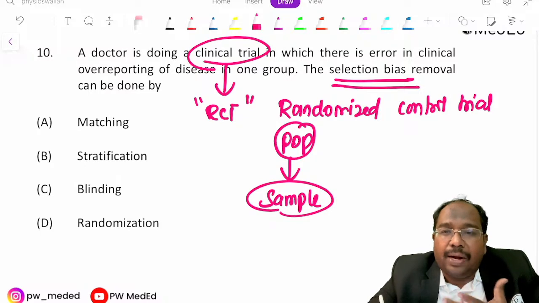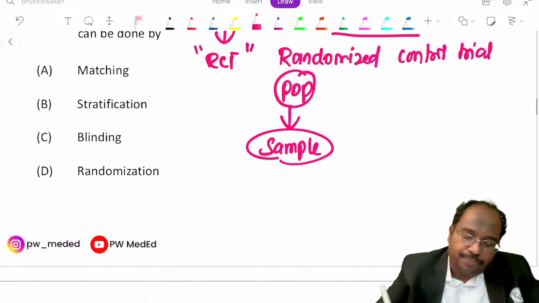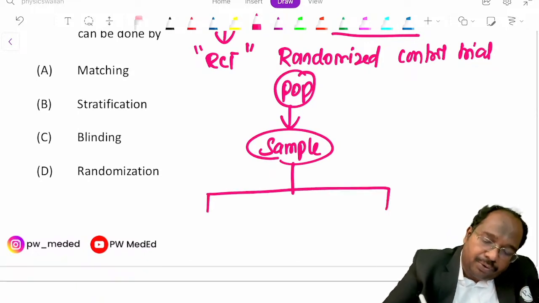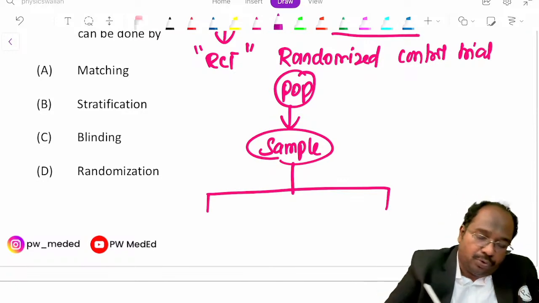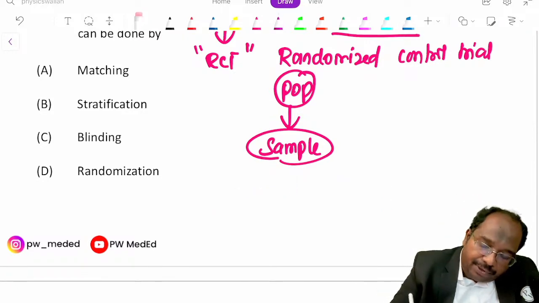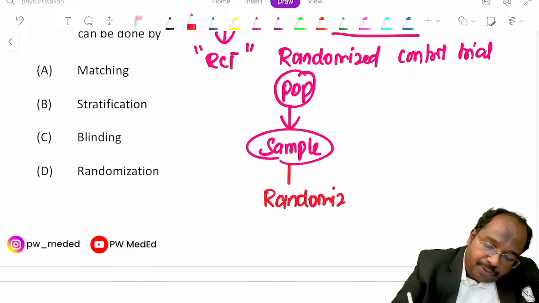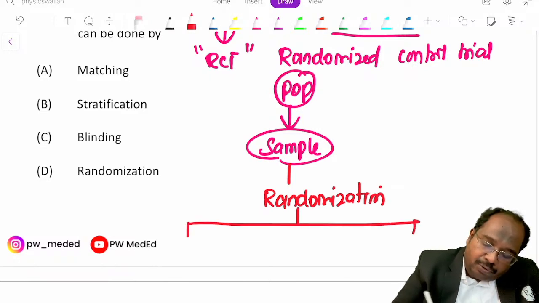So I have to identify the hypertensive patients, select a sample, then divide them into 2 groups. How am I going to divide them? I am going to use a technique called randomization. Drug A I give to one group, drug B to the other.